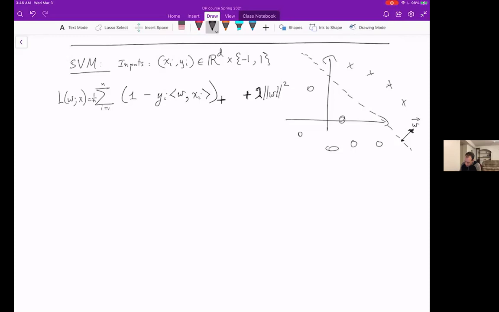And then the right way to think about what's going on in the middle here is that the binary prediction made by this algorithm on input x is the sign of the inner product of W and xi.